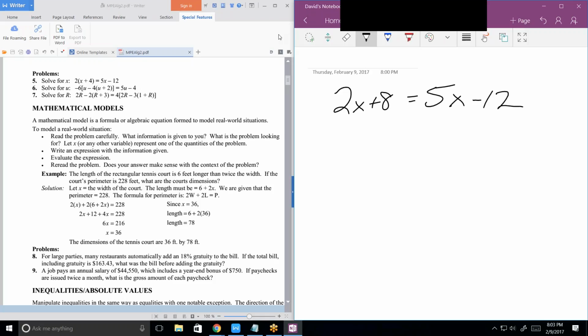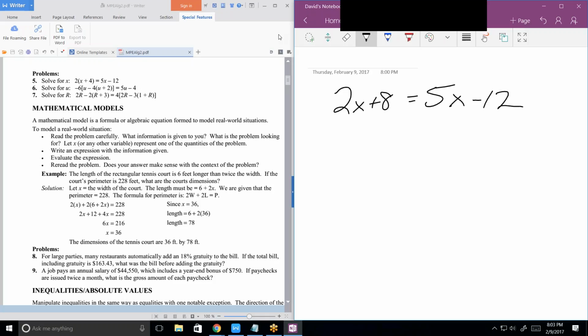What's the next line? So subtract 2x and then add 12. So it would be, wait, 8. I'm usually very much in favor of doing one step at a time. This is the one exception.